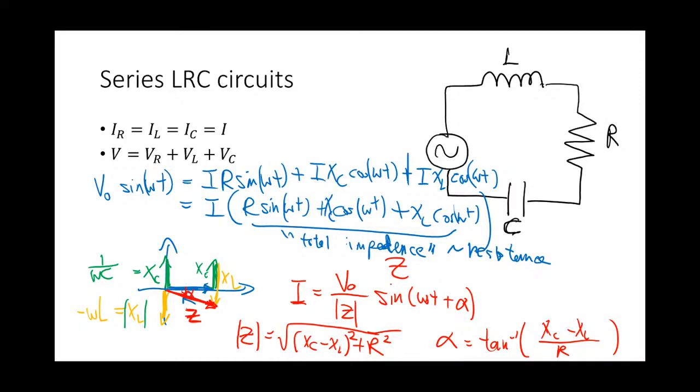Now this alpha here is the angle offset from the voltage source. So we're defining using the voltage to be kind of the metronome of the whole circuit, and then we're basing our currents off of that.